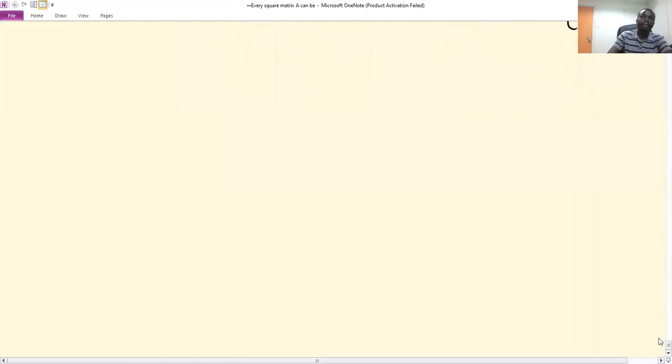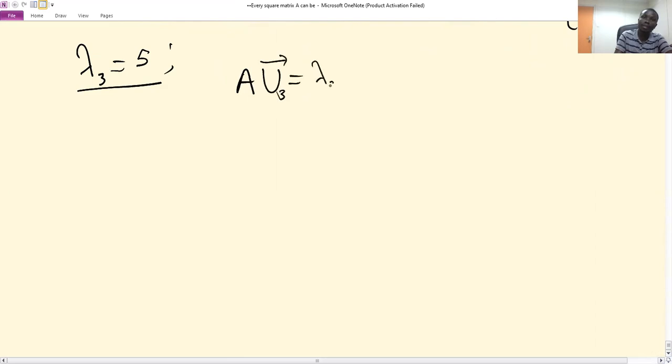And lastly, lambda 3 equals 5. So we need to have A u3 equals lambda 3 u3. So our matrix A is 3, 1, 4, 0, 2, 6, 0, 0, 5.